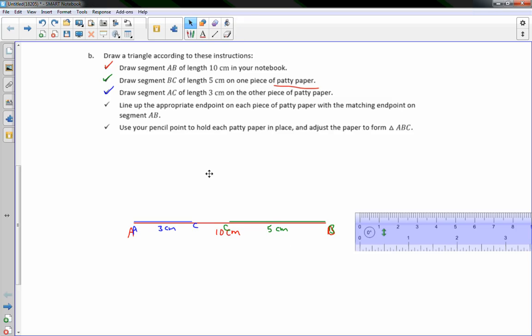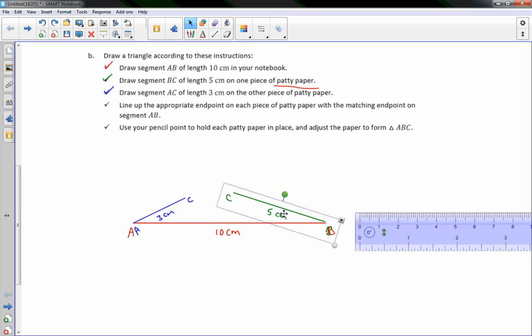Since C here and C here will never reach, they're too far apart, so I cannot make a triangle. If I rotate these and move this so it's right on A, and I rotate this one and move B to there, you can obviously see they aren't going to reach, and I cannot make a triangle because they're not long enough. 3 plus 5 is less than 10. They'll never reach.